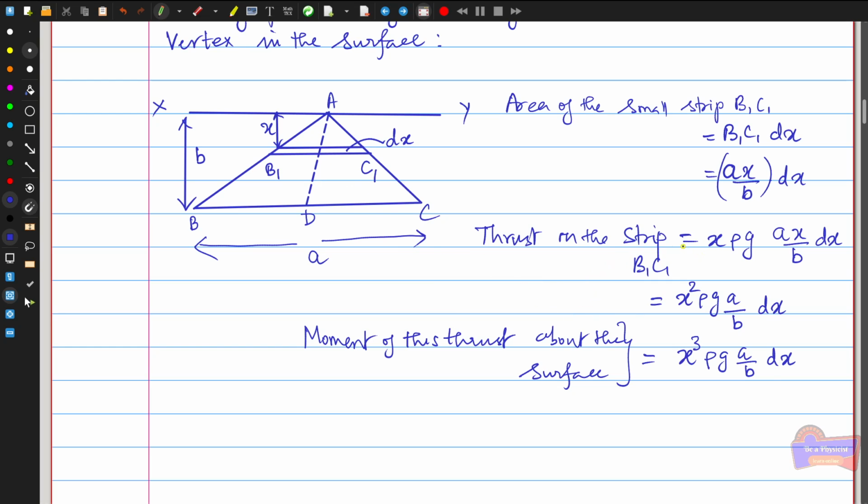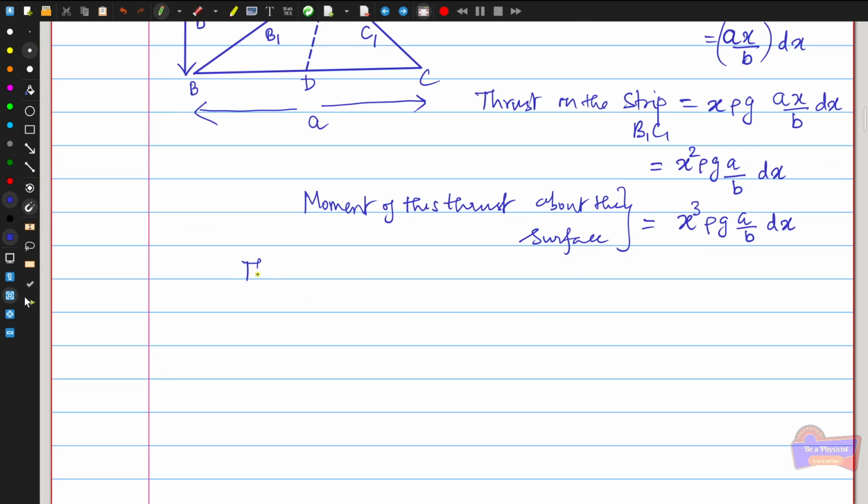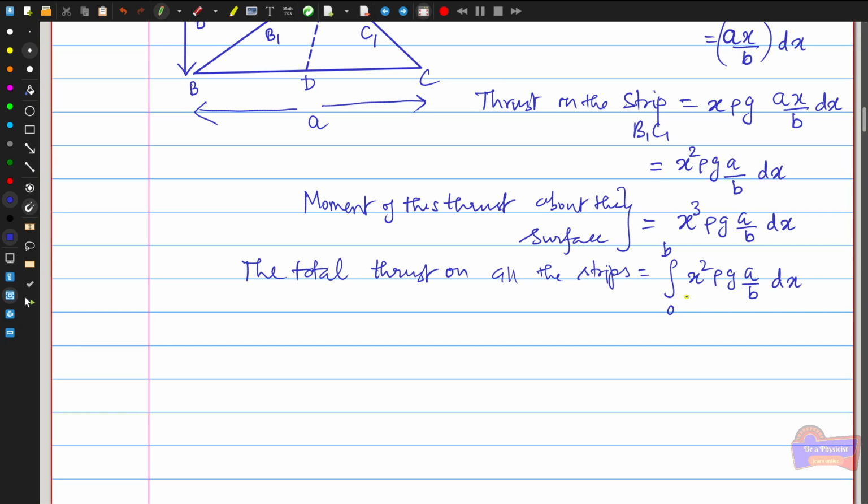Now we can find the total thrust on the entire triangle just by integrating this equation in the limits from 0 to b. So the total thrust on all the strips is the integration from 0 to b of x squared rho g a divided by b into dx.